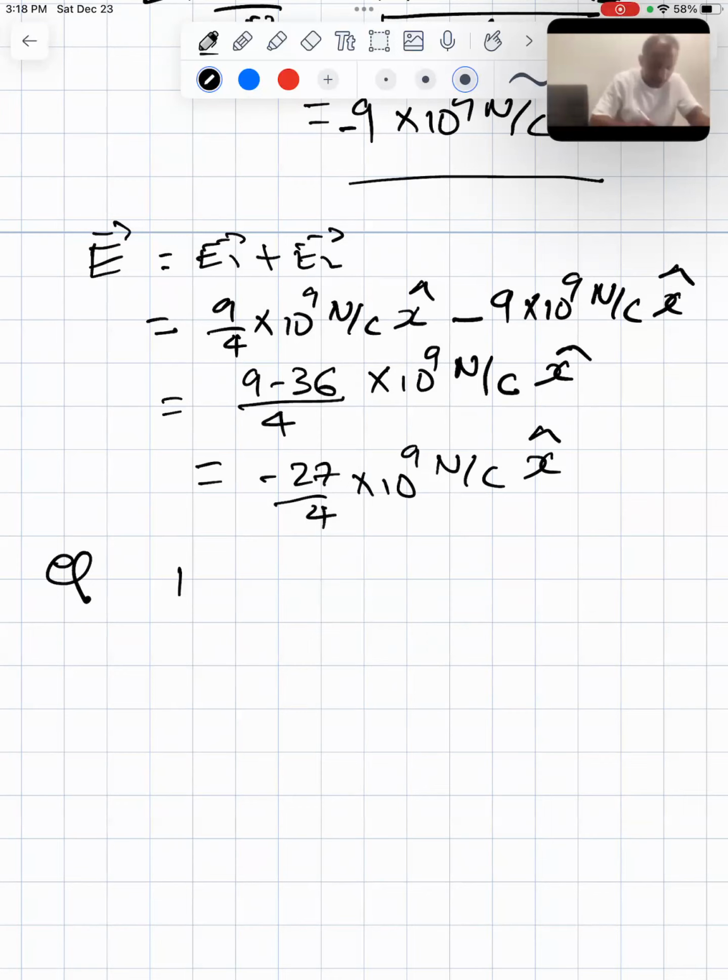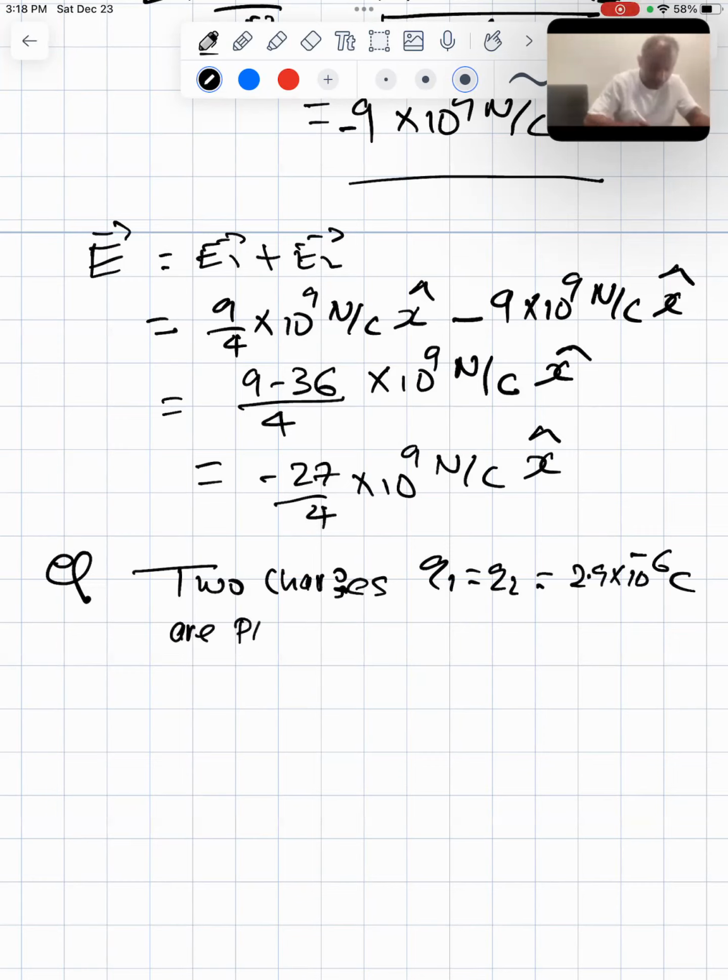Consider two charges. Charges Q1 equals Q2 equals 2.9 times 10 raised to negative 6 Coulomb are placed at two corners of a square of side 0.5 meter.